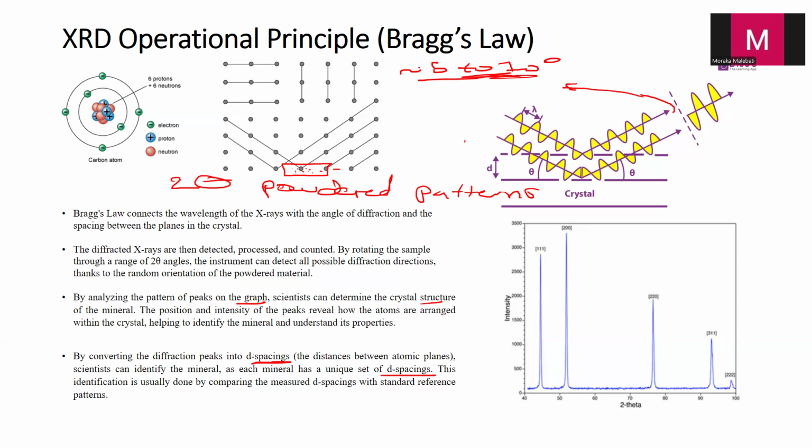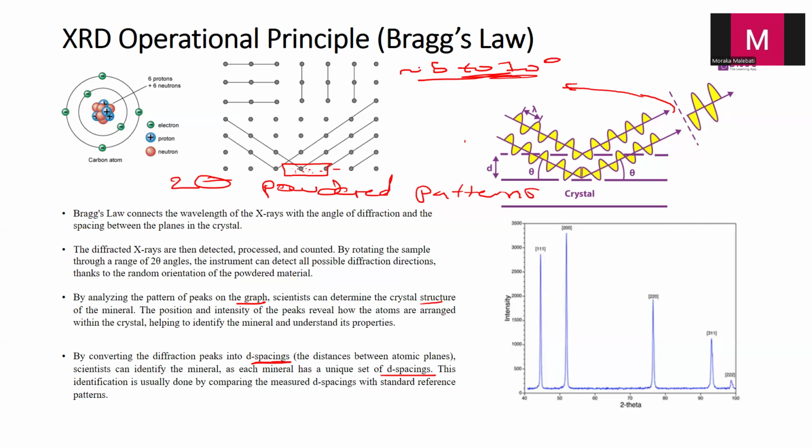This is important because different crystals and atomic planes will diffract the X-rays at different 2 theta angles. So scanning over a wide range allows for a more complete analysis of the crystal structure.